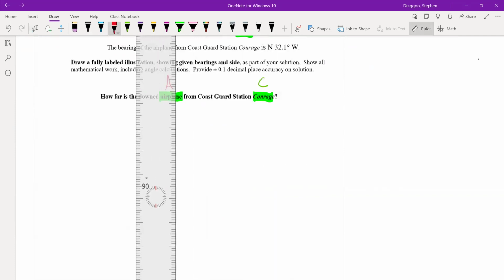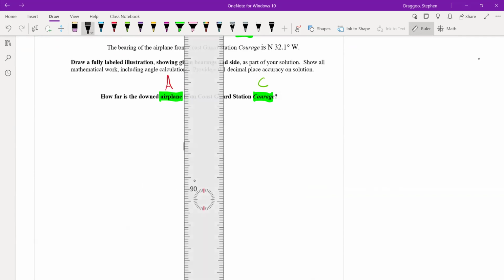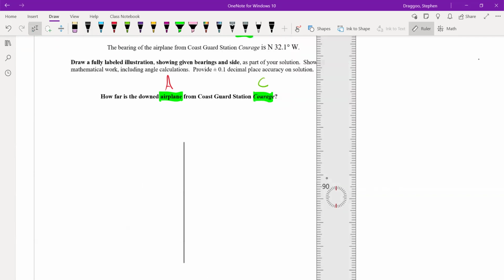Let me bring a ruler out here. I know that my two Coast Guard stations are due north and south from each other. Courage, point C, is the southernmost Coast Guard station, with Brave being 47 kilometers north of that.